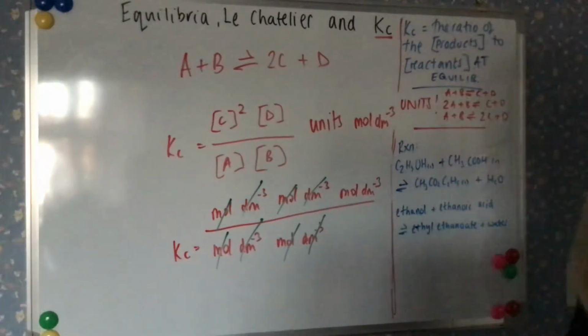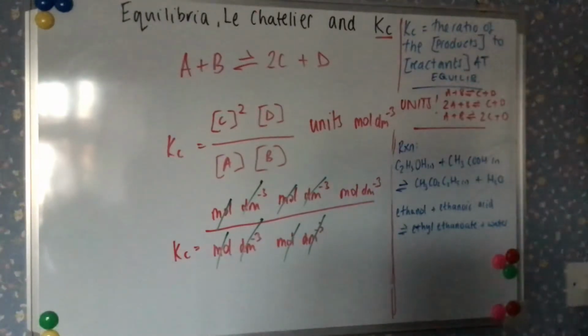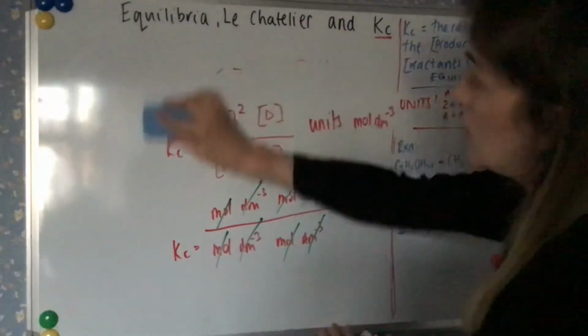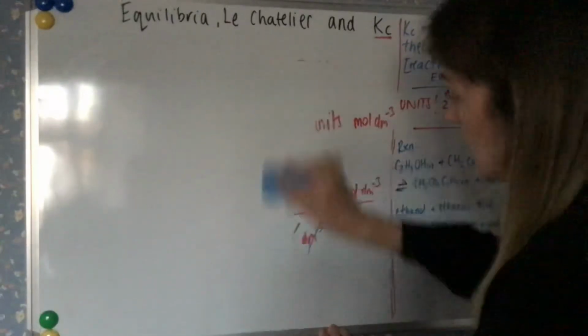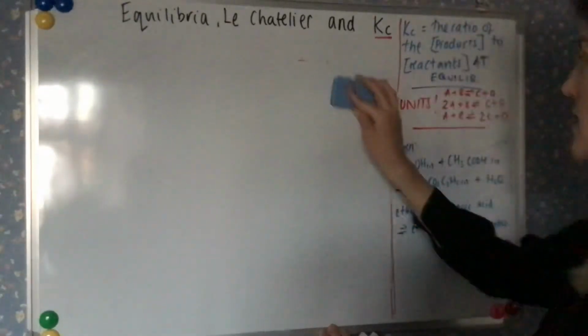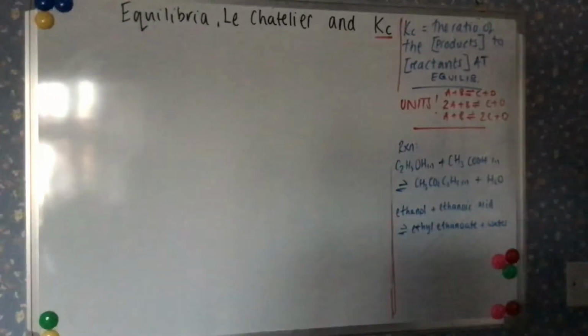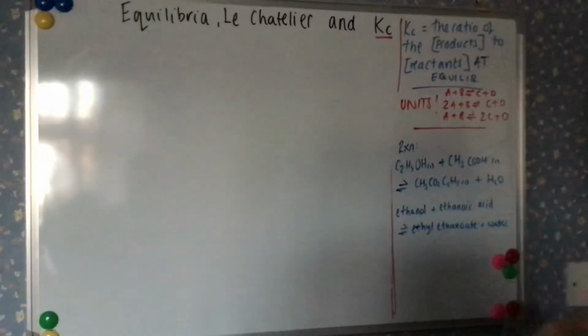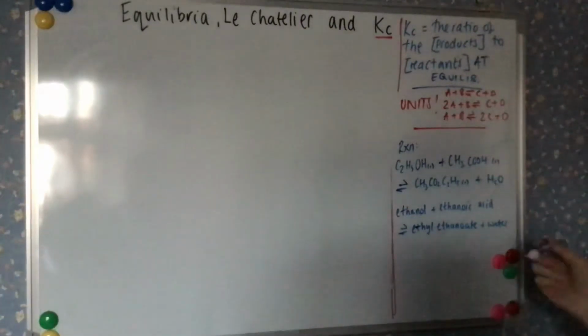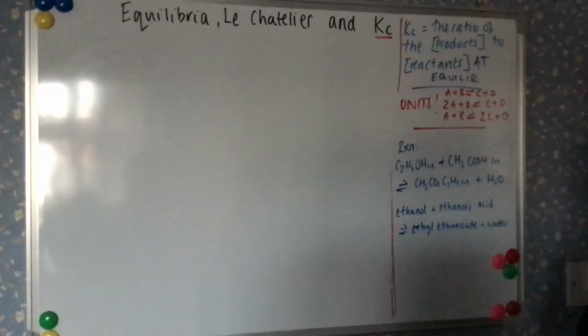Okay, so I would like to just show you a reaction. This is the reaction that's listed in your syllabus that you need to know, and we'll construct a Kc expression for this reaction, and it's an esterification reaction between ethanol and ethanoic acid.